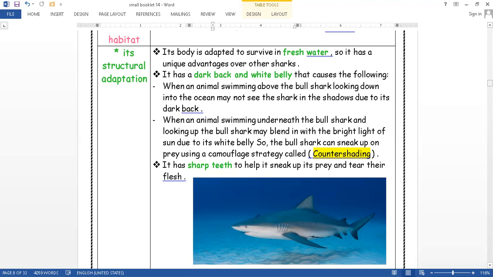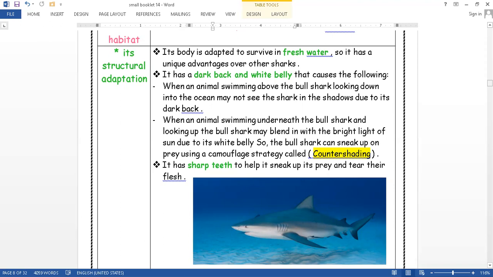Number two, the lower part or belly part. We will find that this part is colored white. Why, Junior 4? Because if any animal is swimming under the bull shark and looks up, they will find the color of the bull shark blending with the sunlight.